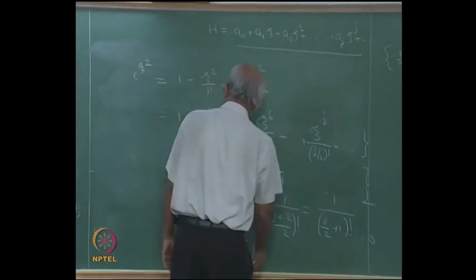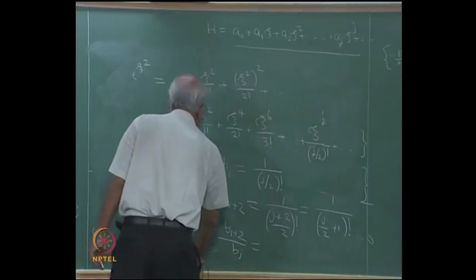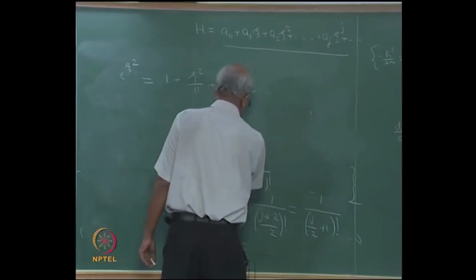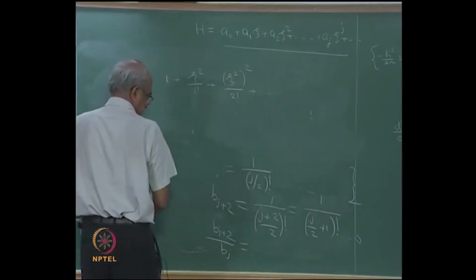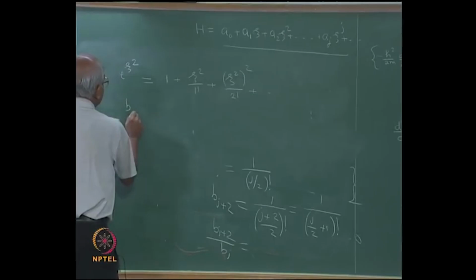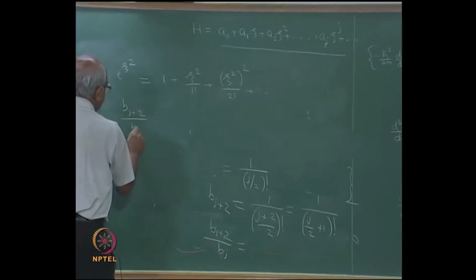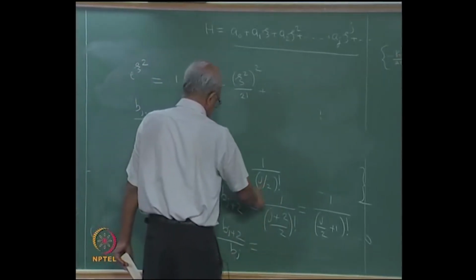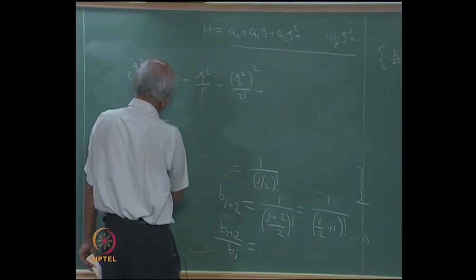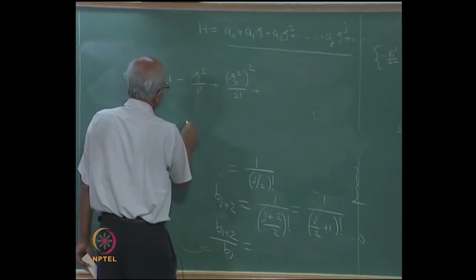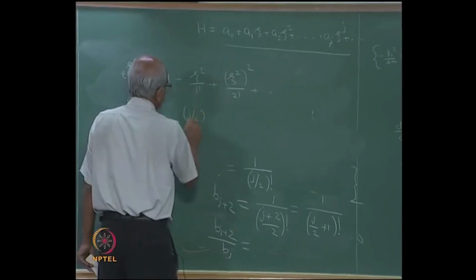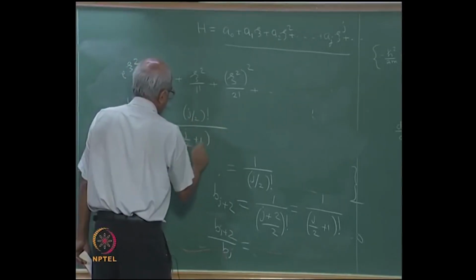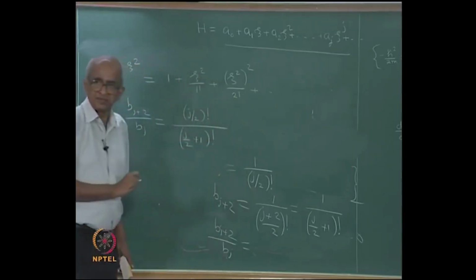Well, the answer is, unfortunately I ran out of space there, difficult for me to write. bj plus 2 divided by bj will be equal to j by 2 factorial in the numerator divided by j by 2 plus 1 factorial in the numerator.